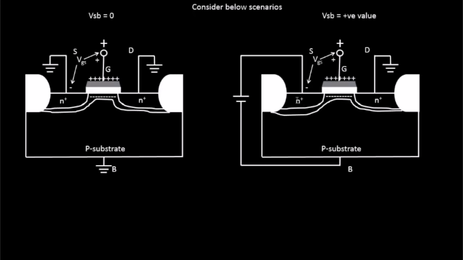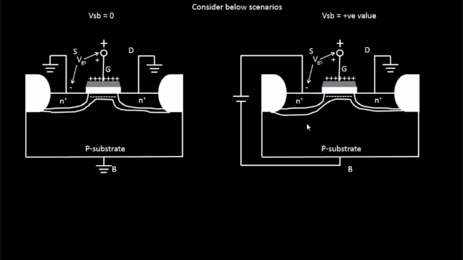The n-side of the diode is connected to the positive terminal of the battery, and the p-side is connected to the negative terminal. This arrangement reminds us of the classic reverse-biased p-n junction diode.